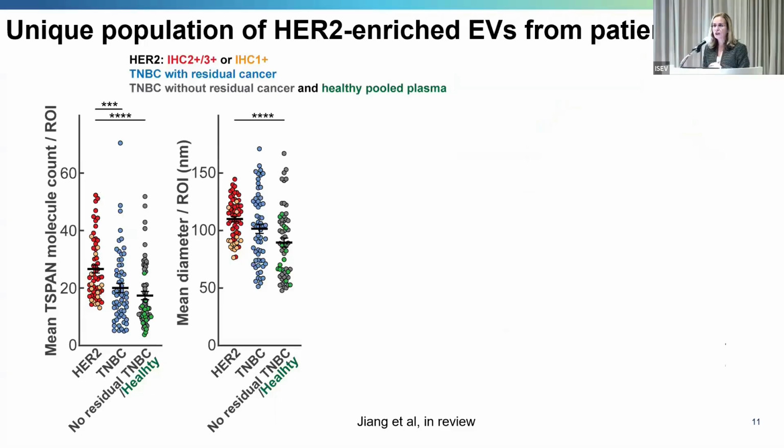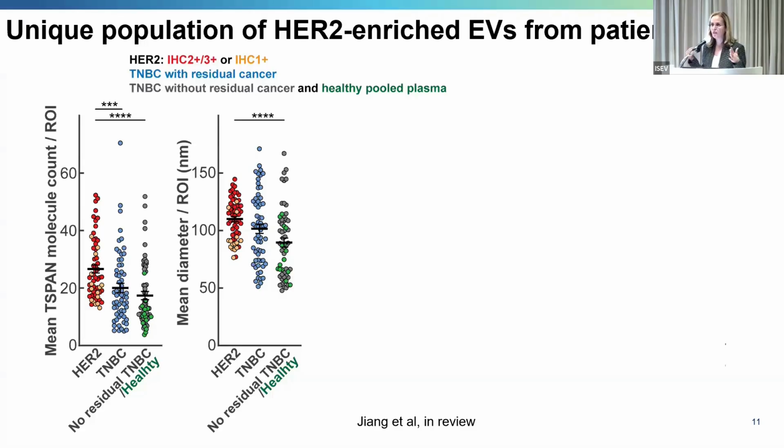Okay, so what Nan did, she took patients that either had HER2 enhanced tumors, so they had higher expression of HER2. We looked at triple negative patients, and we also had a population of patients that were originally diagnosed with triple negative cancer, but at the time of blood collection, the cancer was not there.